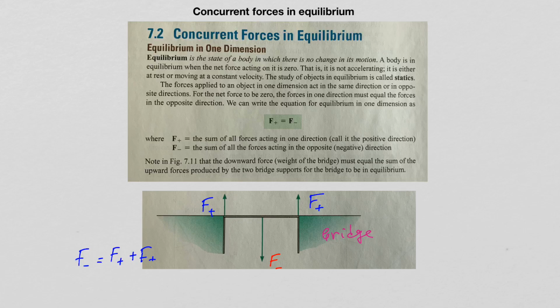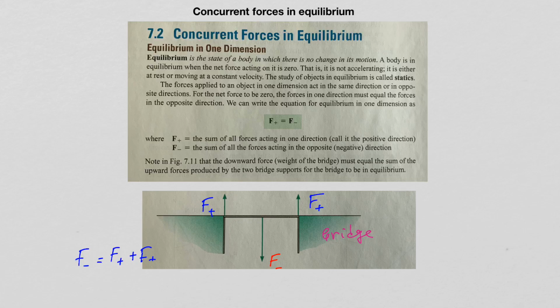Because of that, again, this bridge is not moving. So no matter how many forces are present in the particular example or problem or situation, if the sum of all forces that act in one direction is equal to the sum of all forces acting in the opposite direction, then this object is in equilibrium.